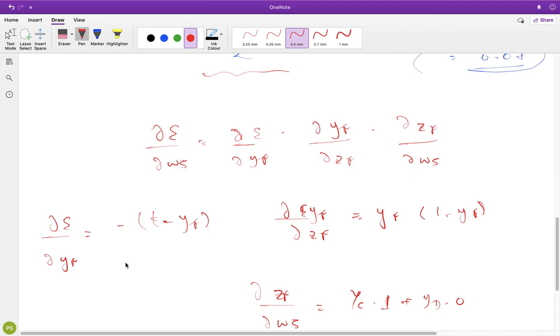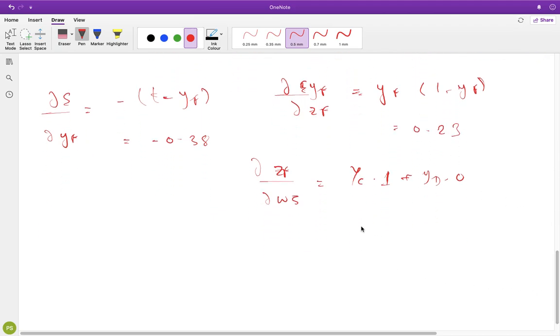When you plug in the values, you will get minus 0.38, this we will get as 0.23, and this you will get as 0.58. So taking all these values back to the original, we calculate dE by dW5 is equal to minus 0.05.